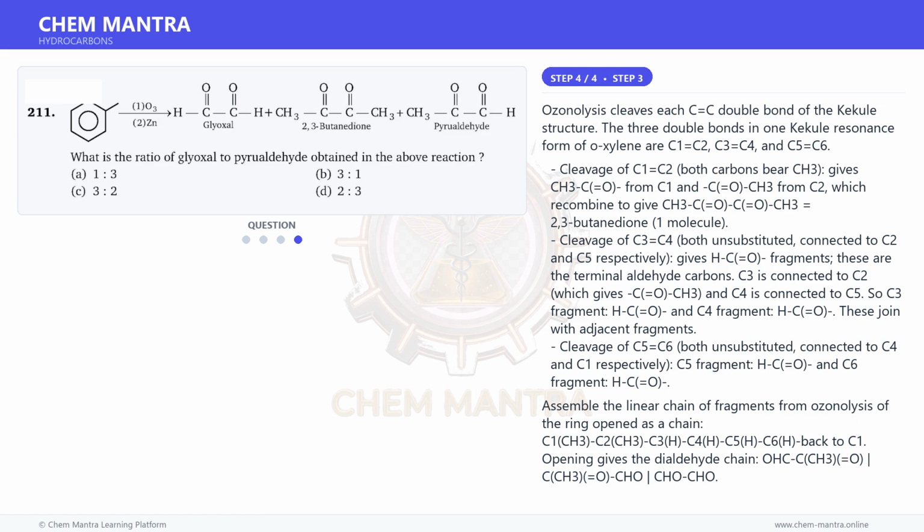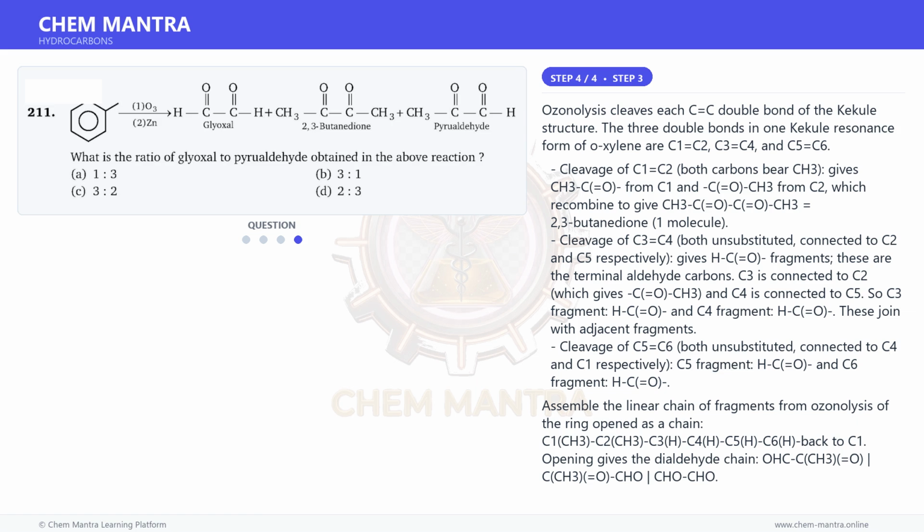Other Kekulé: C1=C2, C3=C4, C5=C6 gives C1, CH3 with C2, CH3: butanedione x1; C3, H with C4, H: glyoxal x1; C5, H with C6, H: glyoxal x1.